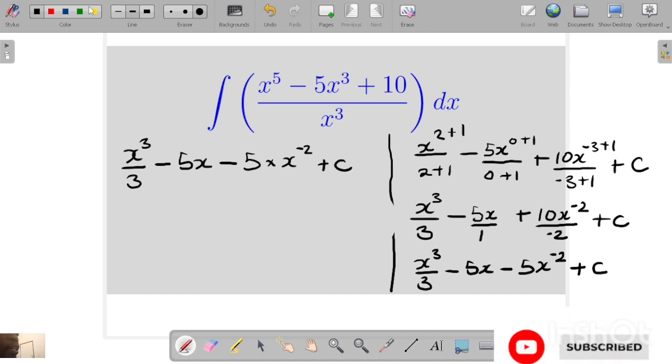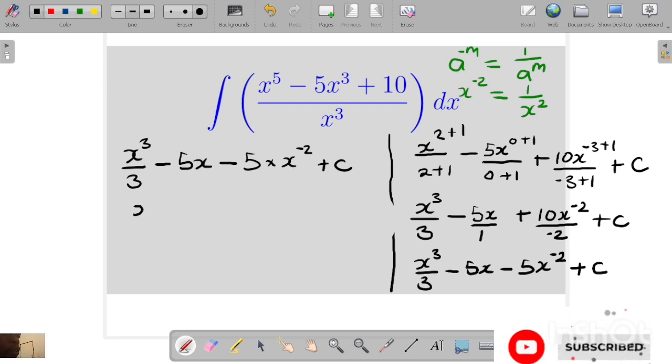plus c. Now remember, by the laws of indices, if you have the base a to the power negative m, this can be written as 1 over a to the positive m. But here we have x to the negative 2, meaning it can be written as 1 over x to the second power. So we are going to replace this here.